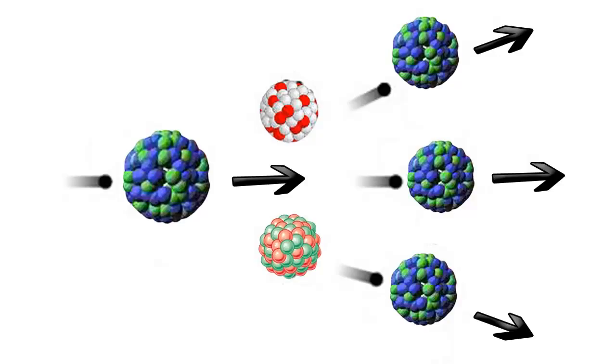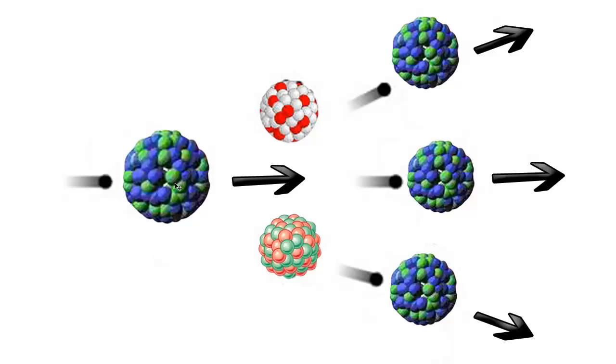So basically, we'll say that this blue and green nucleus is the nucleus of uranium-235. So here's a nucleus of uranium, and these three are all uranium right here. So what they do is they have a bunch of uranium-235 and they strike it with a neutron. Now the reason they use a neutron is because you can't use anything that's charged, like an alpha particle.